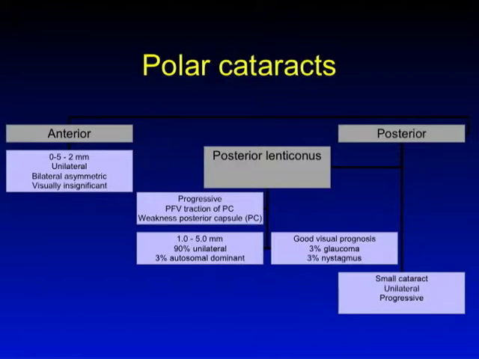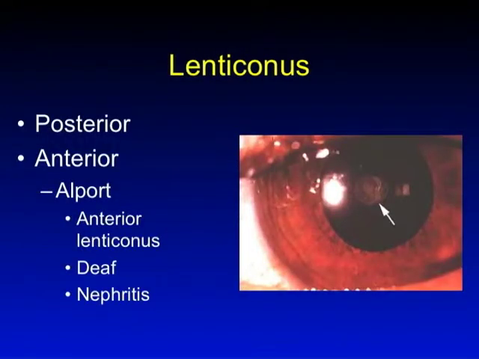And the mechanism for posterior lenticonus, which you're going to see many in your career as ophthalmologist, is probably weakness of the posterior capsule or traction from the vitreous, pulling the posterior capsule posteriorly. That creates an opacity on the lens that is anterior to the posterior lenticonus.